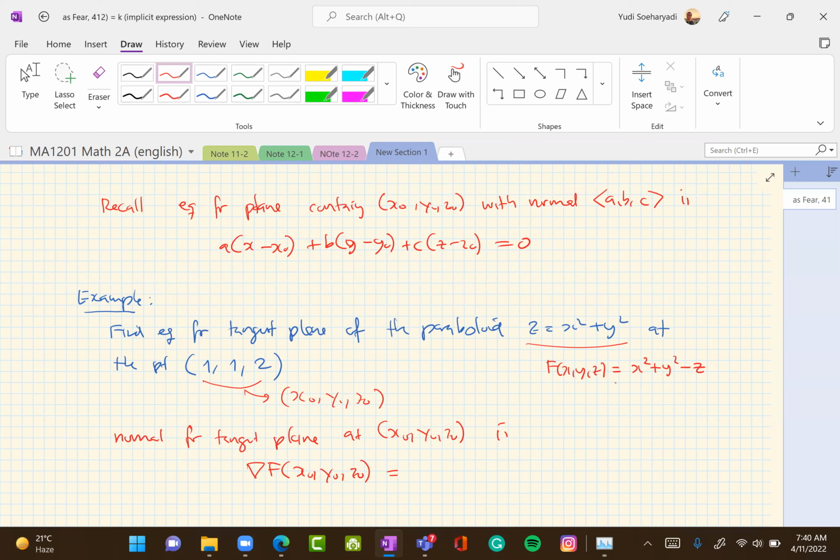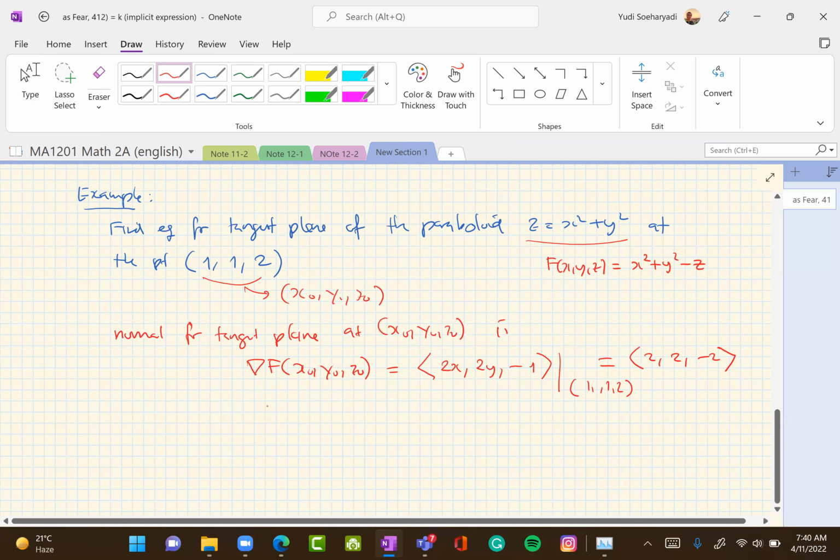So what we have now is the gradient vector: the derivative with respect to x is 2x, with respect to y is 2y, and minus 1, computed at (1, 1, 2). So that equals (2, 2, -1).